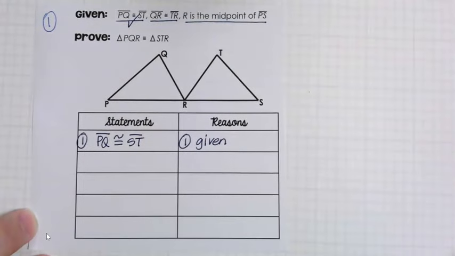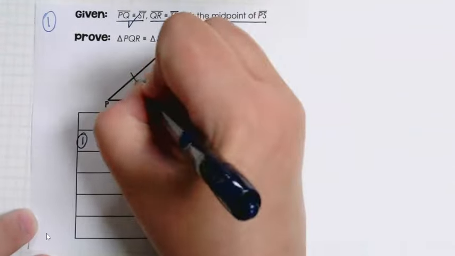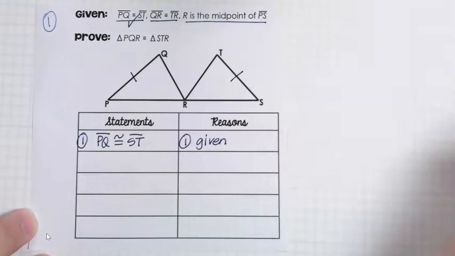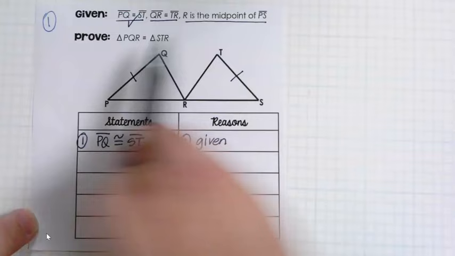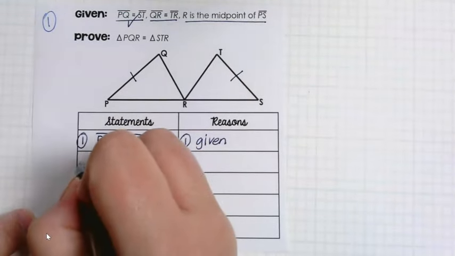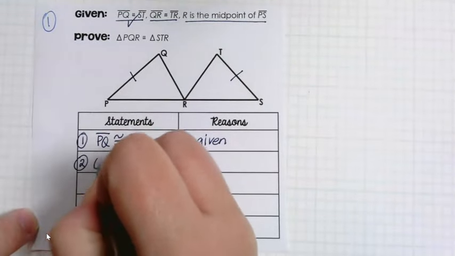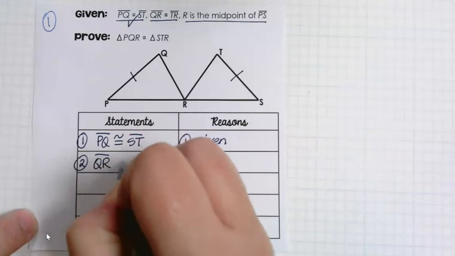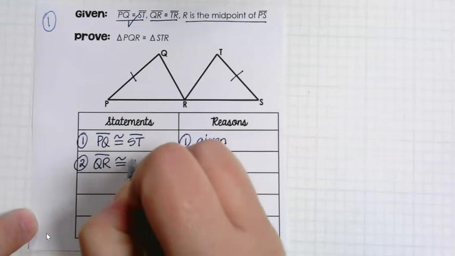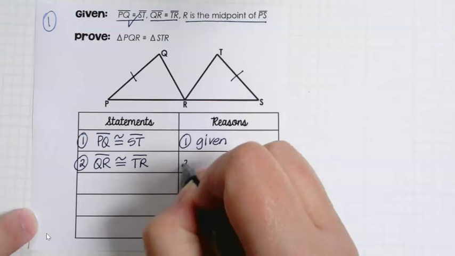And most importantly, I'm going to mark it on my picture. So PQ is congruent to ST. The next thing I was given is that QR is congruent to TR. Segment QR is congruent to segment TR. That was also given to me.